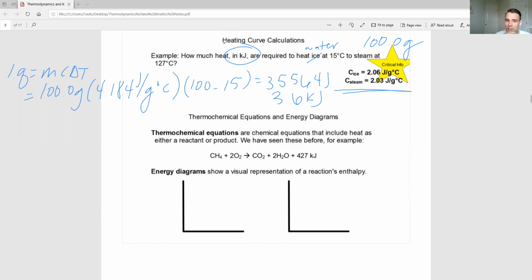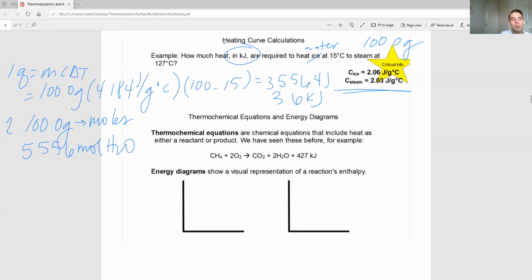Step two is doing the phase change. So we need to take our 100 grams, turn them into moles. That should be fairly simple. It's going to be 5.556 moles H2O.